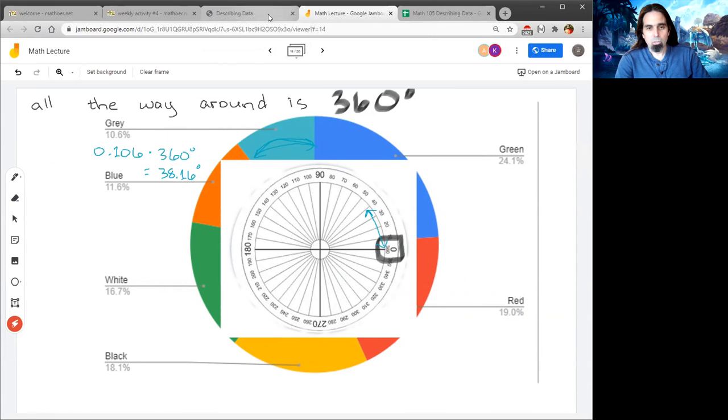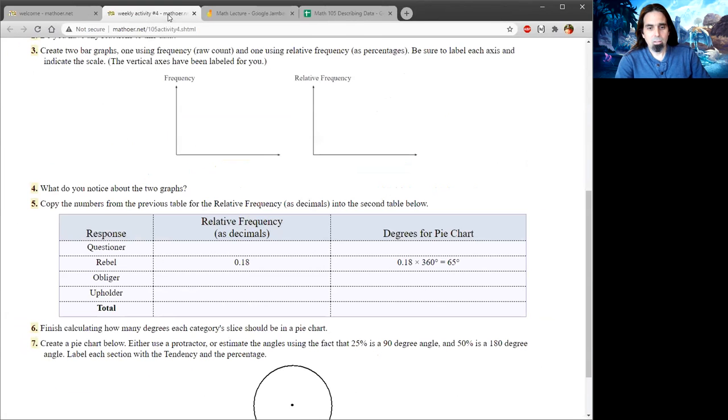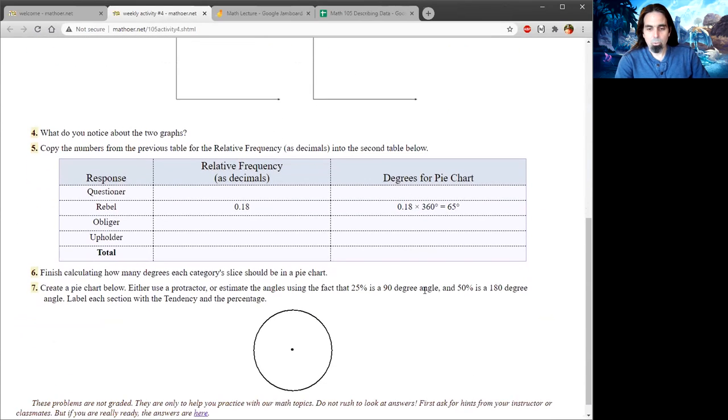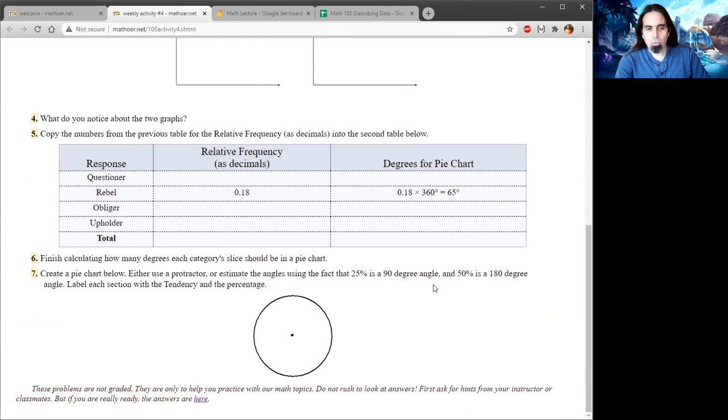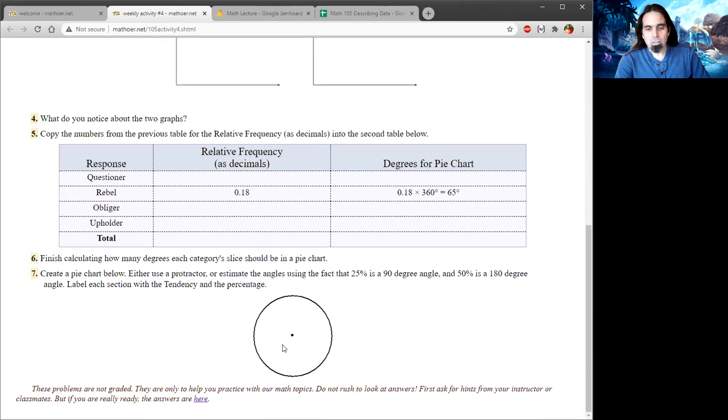You'll need to do part divided by whole. Then you multiply it by 360 to find how many degrees. And if you happen to have a protractor at home, you could do that. Otherwise, do what we just did. Take your second copy and cut it apart and put it around the circle and make one of these. So good review to solidify what we did today.